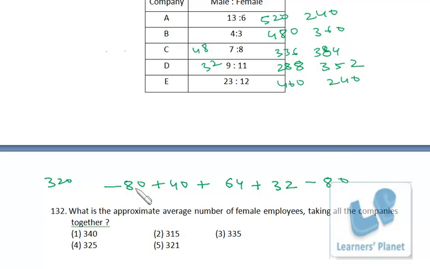So 80 and 80, 160, and here we are having 60, 40, 132. That means the deviation is precisely negative, right? So if deviation is negative, your average will be less than 320. So we just have one option that is less than 320, that is 315. Okay, so no need to calculate further. 315 will be the correct choice. I hope you are clear.